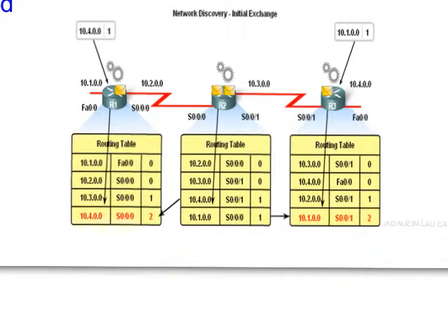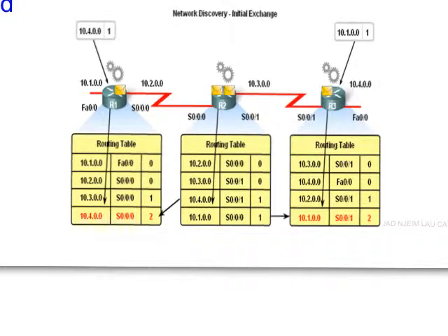Now, R2 will send all the 4 entries. R1 will send these 3 entries, and R3 will send these 3 entries. Every time I have to send the entire routing table.